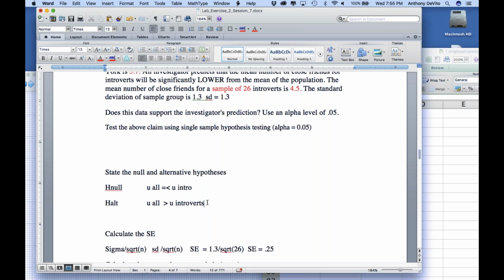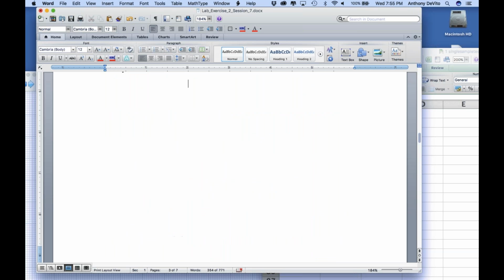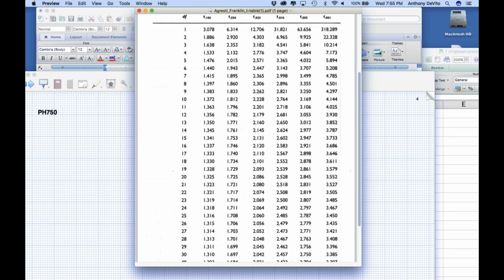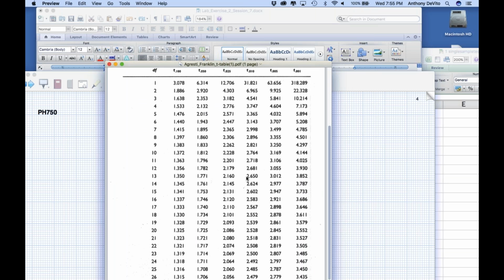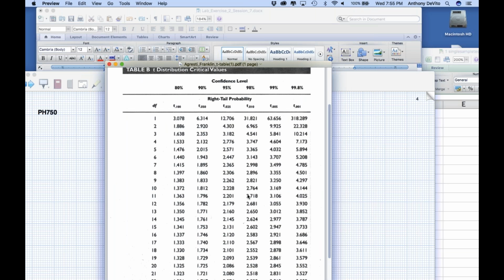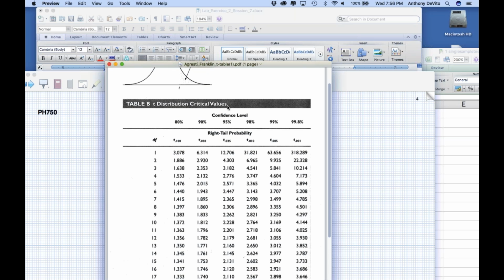When you have a one-sided hypothesis like this, right? Well, if you look at the t-table, let me see if I can get it to come up. When you look at the t-table, okay, and we went down to number 25 down here, 25, to go across, okay, we used the 95% confidence interval to set our column for where we're going to look up our critical value.